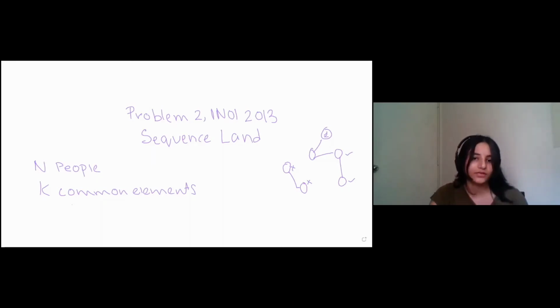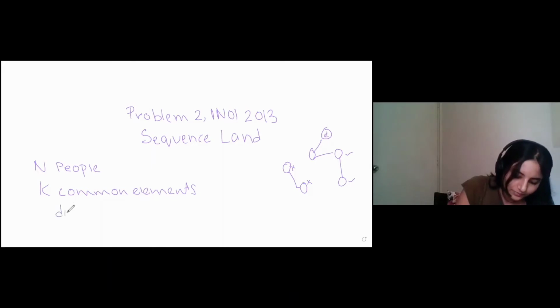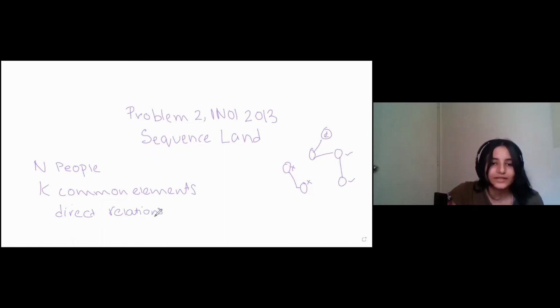When I think about this problem, the first thing that comes to my mind is that this is a graph problem, which requires us to tell the size of the connected component that includes the first vertex. The relationships between people can be viewed as a graph and the extended family of the precedent as the connected component. Now, we can simply break down our solution into a series of actions. First, we find the direct relations using the sequences given to us in the input.